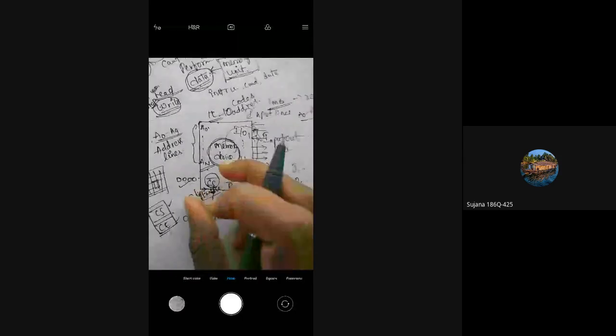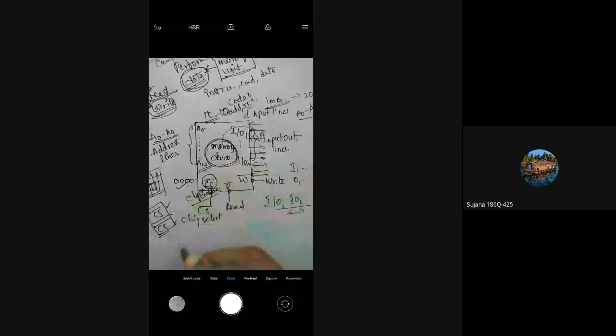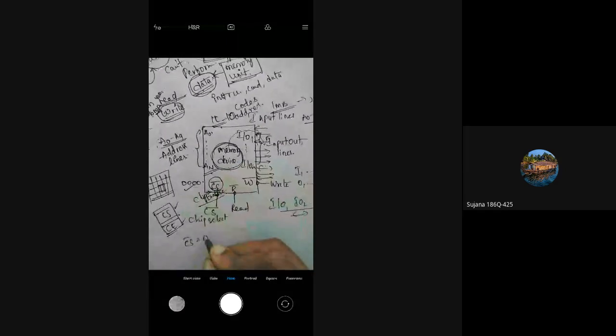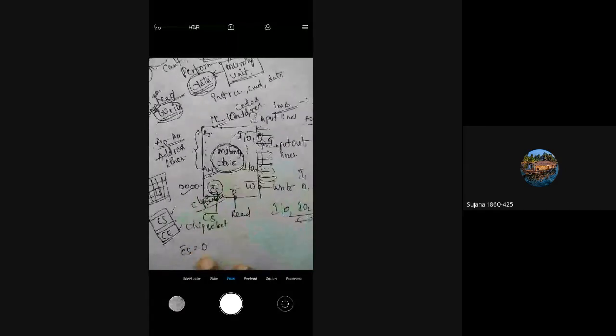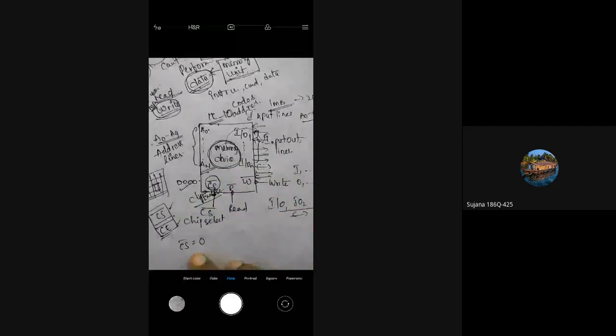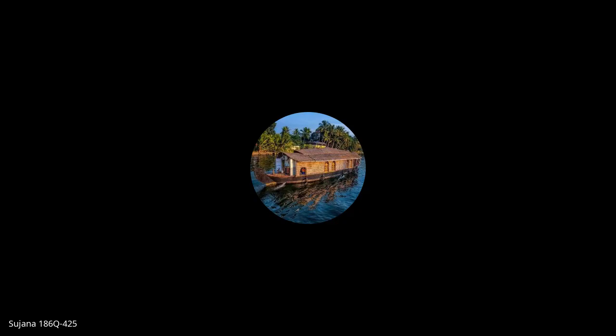Whenever this chip select is at logic 0, only this memory device will perform read and write operations. Other devices will not be accessed, so it has independent read and write operations.